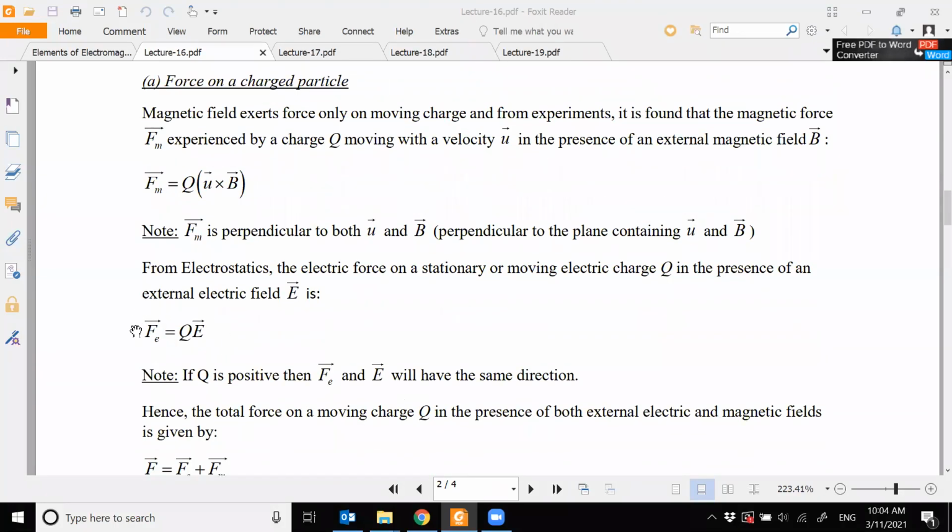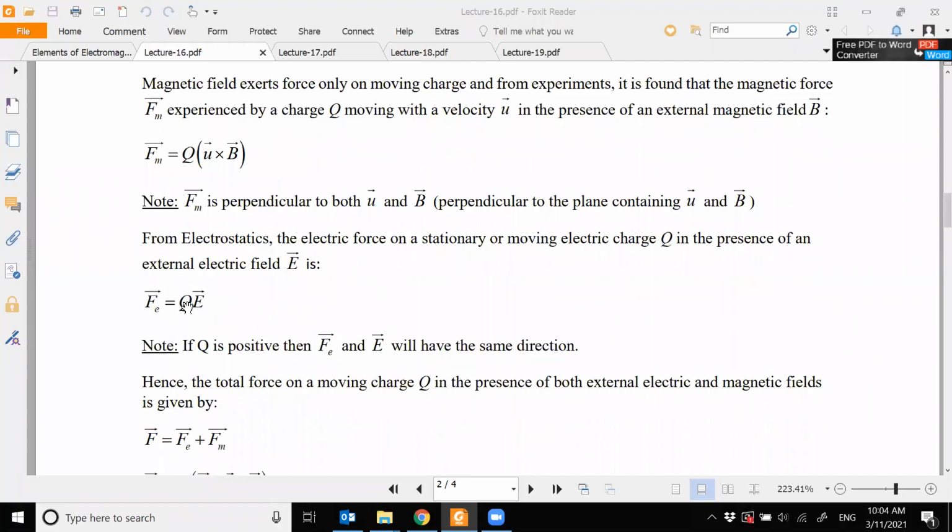It's the electric force. Yes, the electric force is correct. So if a charge is moving with a velocity of u in the presence of an electric field, then the force will be along the direction of the field. And it's not at all related to the velocity, because in the expression there is no u.